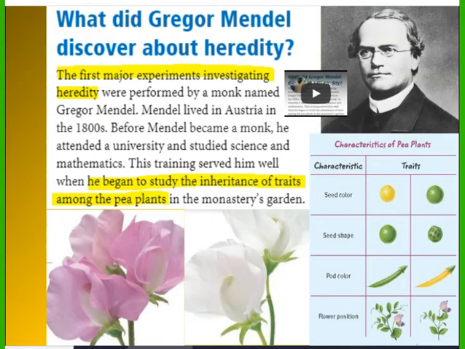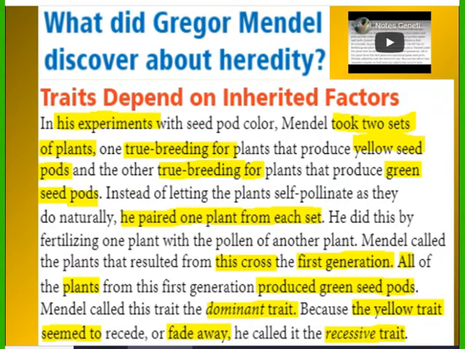Some things about his experiments and some background, and you just heard some of that in the short video, but it shows some of the traits of the pea plants that he was really focusing on: seed color, seed shape, color of the pods, the color of the flowers, the position of the flowers. He started to see that some traits showed up more than others, so he called them dominant, right?